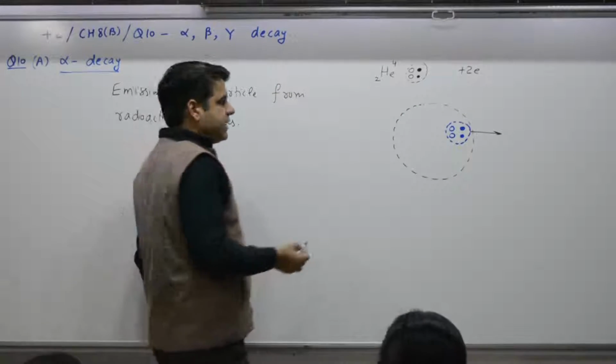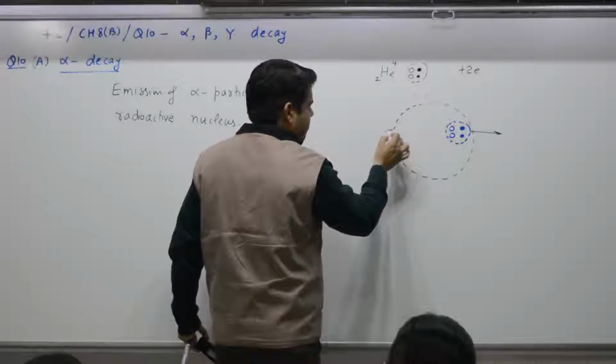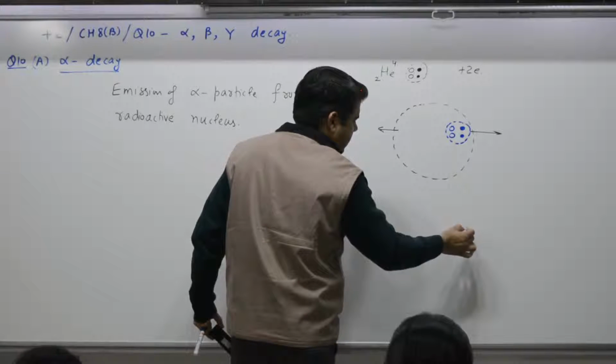If it moves to the right, then after emission, this part will move to the left. That means you can mark it like this.